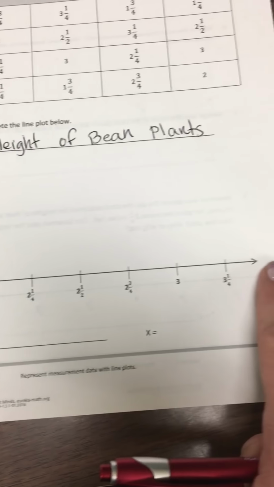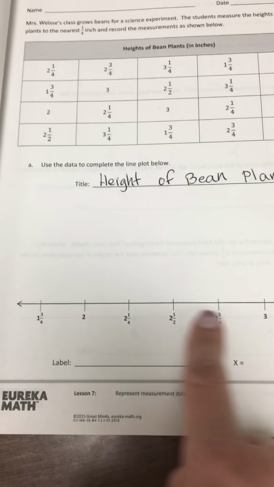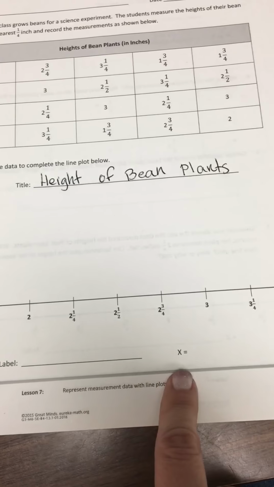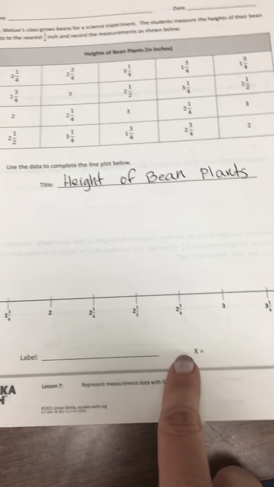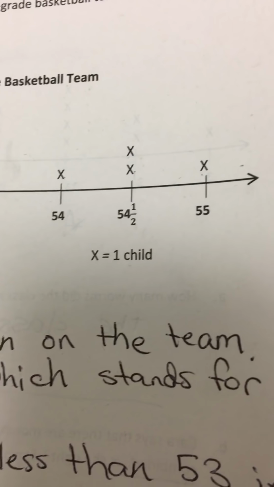Okay. Now, you see down here they have this number line, but it is missing those little X's that show how many are for each of these heights or these sizes. Down here it says label, and it has this X equals. Well, if we go back and look at what we did the other day in lesson 6, X equals what equaled 1 child for this.